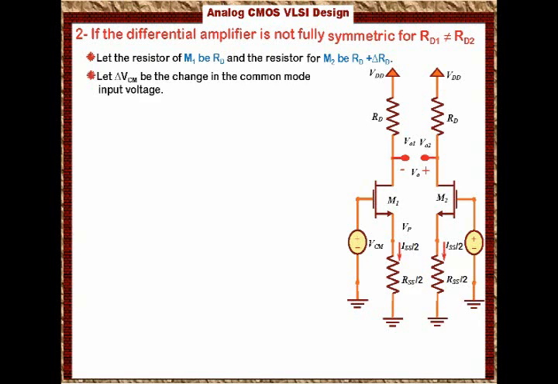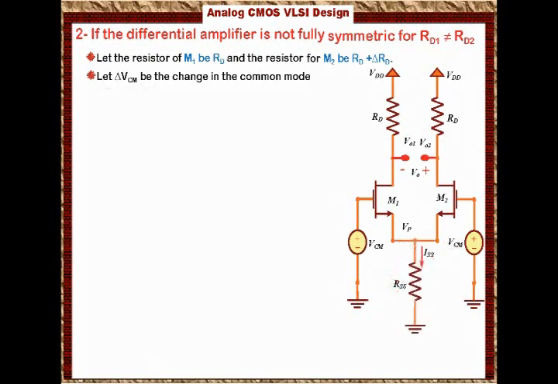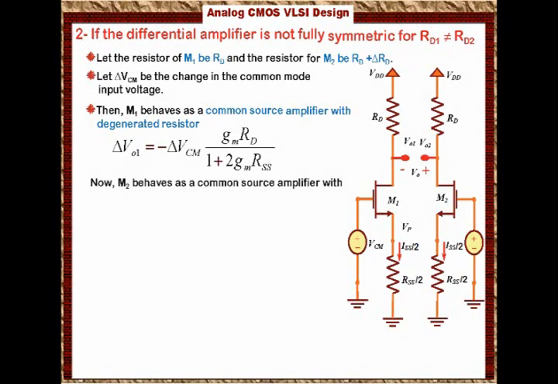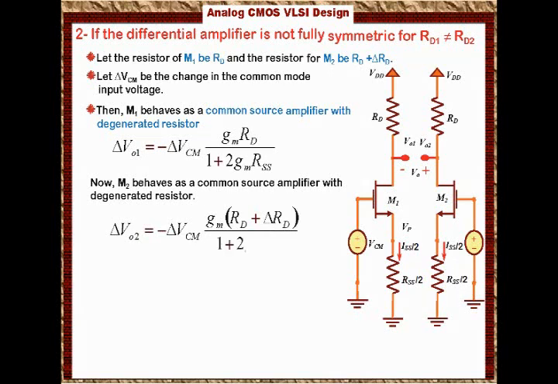So let's assume delta V common mode to be the change in the common mode input voltage. Then we know the M1 circuit behaves as a common source amplifier with degeneration resistance. Then we can say that Vout1 will equal minus delta V common mode times gm RD over 1 plus 2 gm times RSS. Also, the output voltage Vout2 will equal minus delta V common mode times gm times RD plus delta RD over 1 plus 2 times gm RSS.